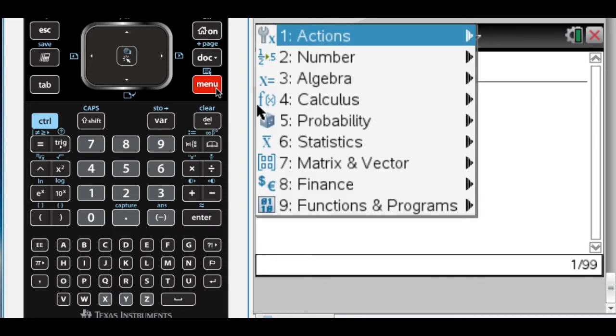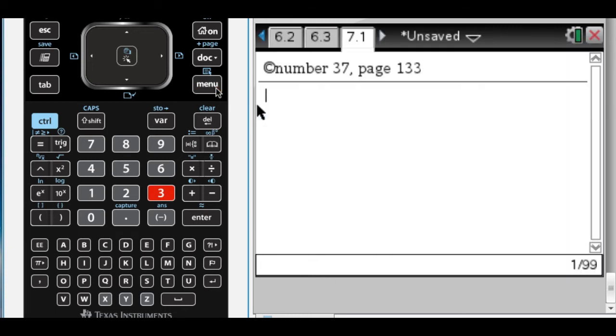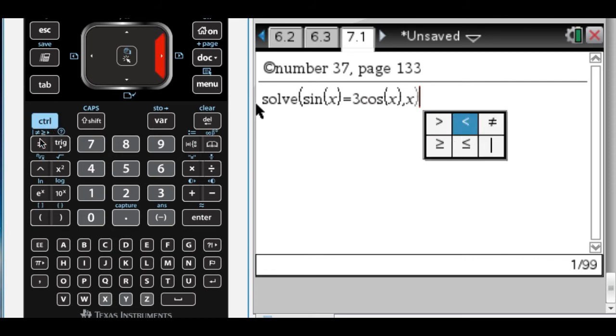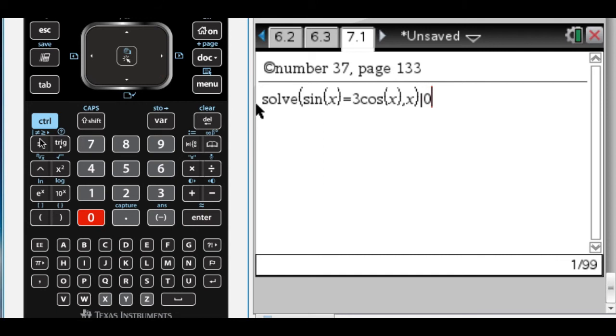I can do menu, solve, sine of x equals 3 cosine of x for x, but then I only want x to be between 0 and pi over 2, so I'm going to do control and then such that 0 is less than x is less than or equal to pi over 2.